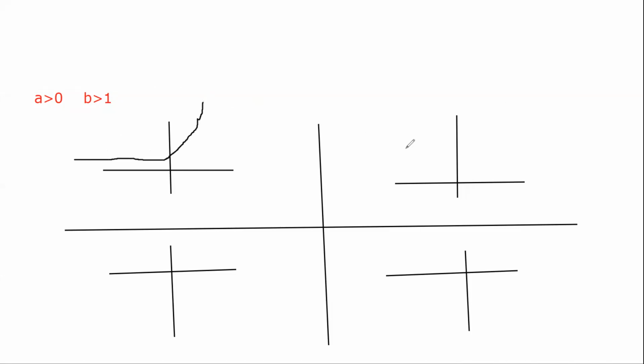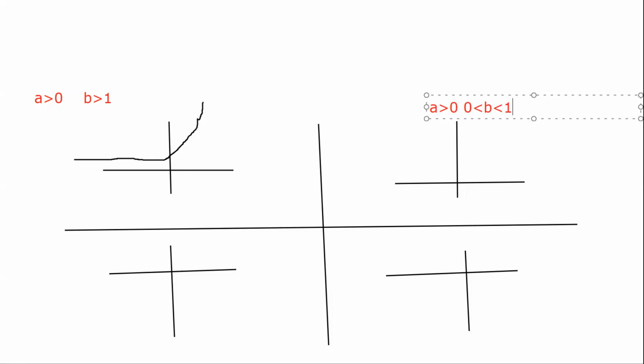What about this case? This case, for example, was when a is greater than 0, so again it's the positive side, but b this time is less than 1. B is greater than 0 and less than 1, from 0 to 1, which means it's like a fraction.